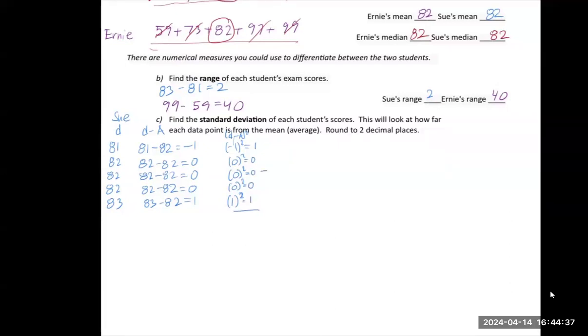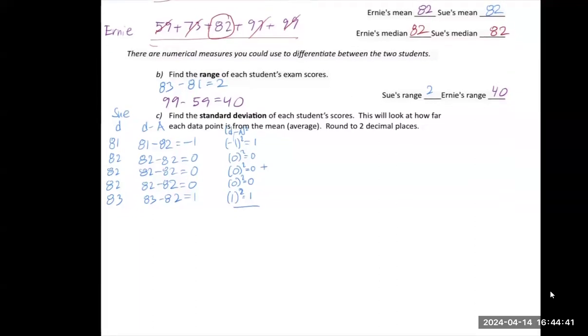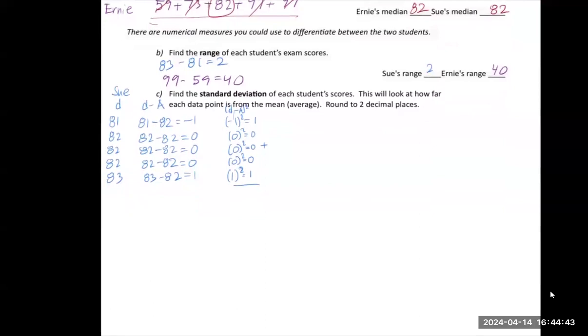Then the next thing we do is sum up all these squares because we're going to take the average of them. So 1 plus 0 plus 0 plus 0 plus 1 is 2.